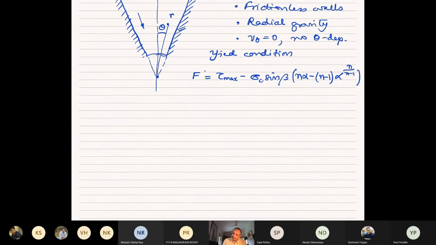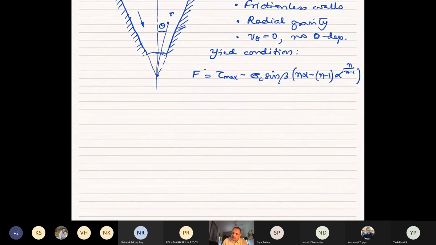So this is a function. So this is exactly what we did last time.